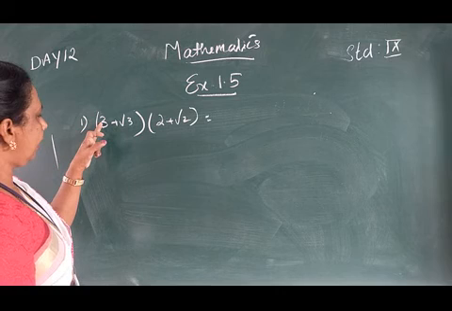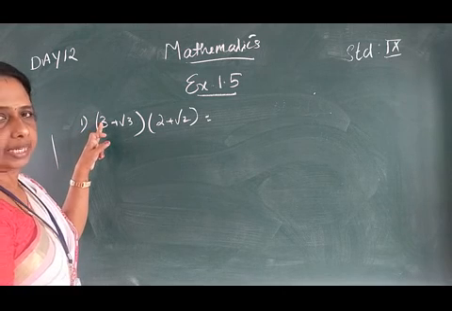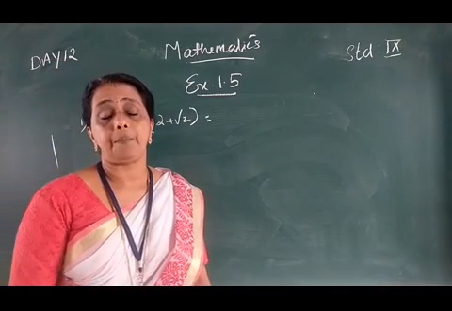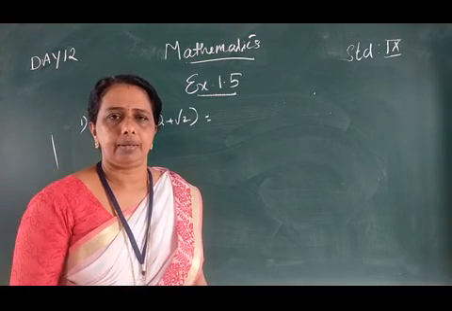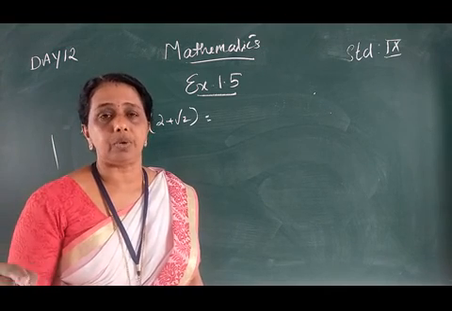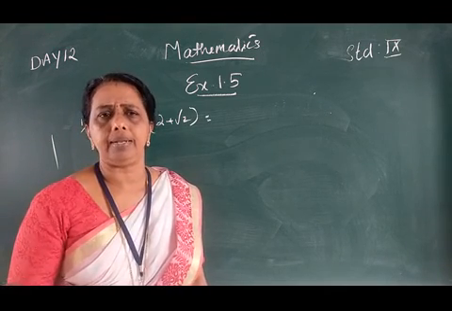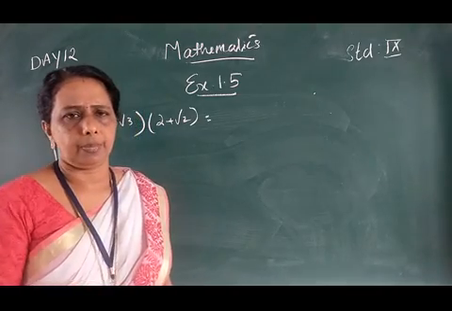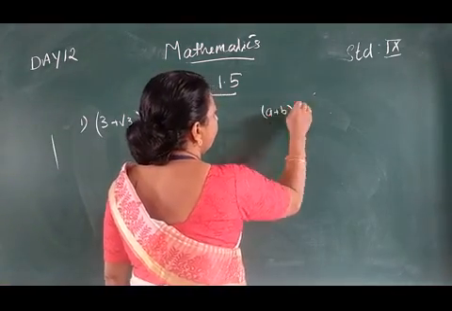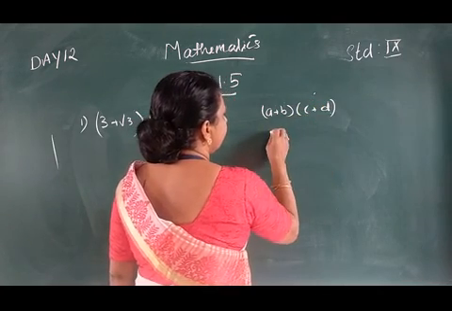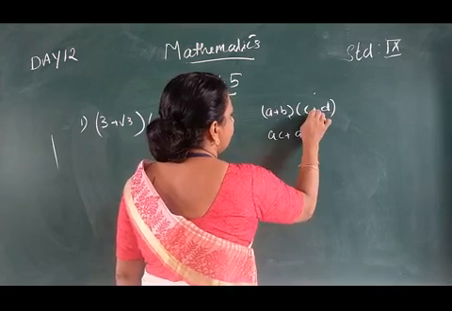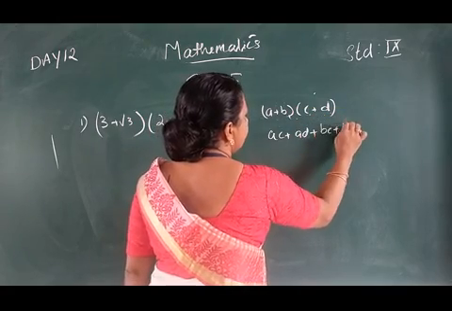But A is not an irrational number, it is a rational number. Previously you studied A plus B into C plus D. Now you studied root A plus root B into root C plus root D. Any one of the identities you can use to solve this. Here I am using A plus B into C plus D, that is AC plus AD plus BC plus BD.